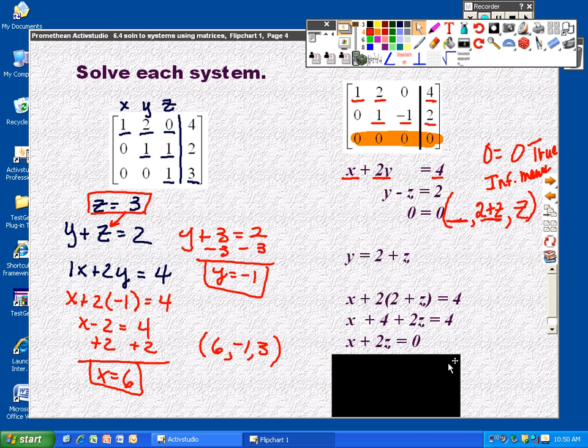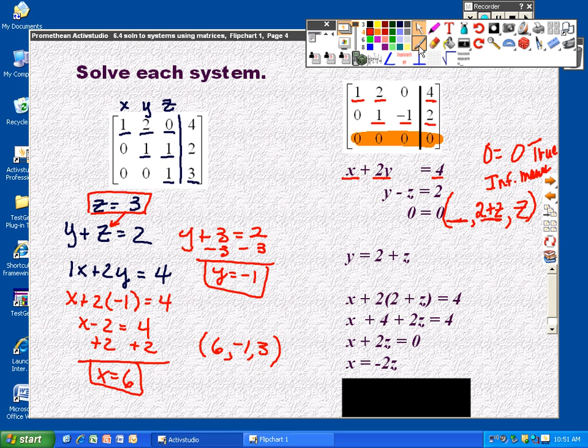And since I'm looking for the x spot, I have to have it read x equals. So I subtract 2z from both sides, I get x equals negative 2z. So my point is negative 2z, 2 plus z, and z.